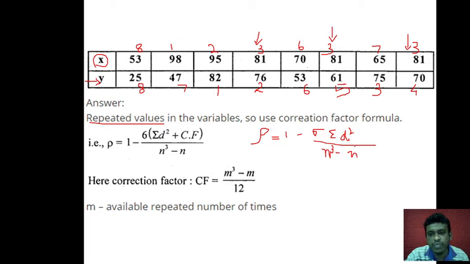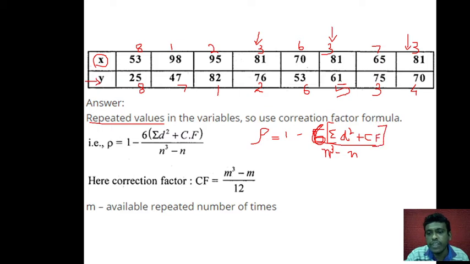Now because we have a correction factor, mind you, the 6 stays. We'll put a bracket here and add the CF to this. So whatever summation d square we get, we'll add the correction factor to it.